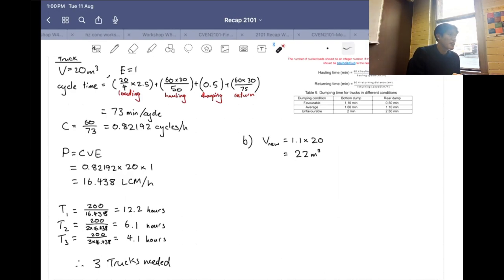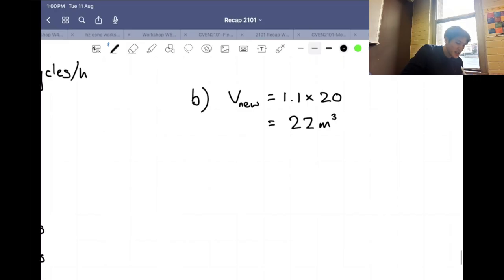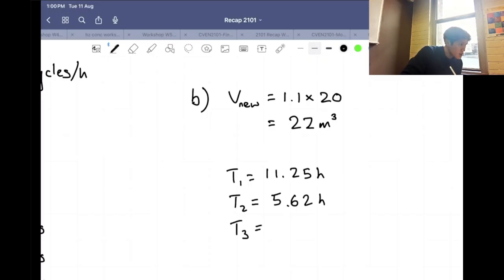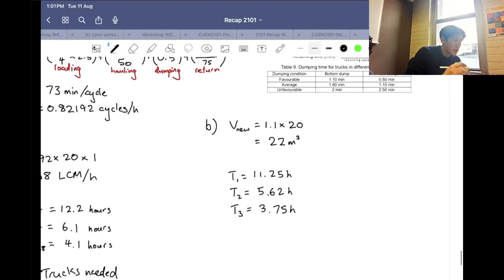It should give you 3 trucks, which is the same as the other, but it's a bit faster. I'll just write the answers because it's kind of tedious. So T1 is equal to 11.25 hours. T2 is equal to 5.62 hours, and T3 is equal to 3.75 hours. So that's just the answers for if we used the new capacity of 22 meters cubed.